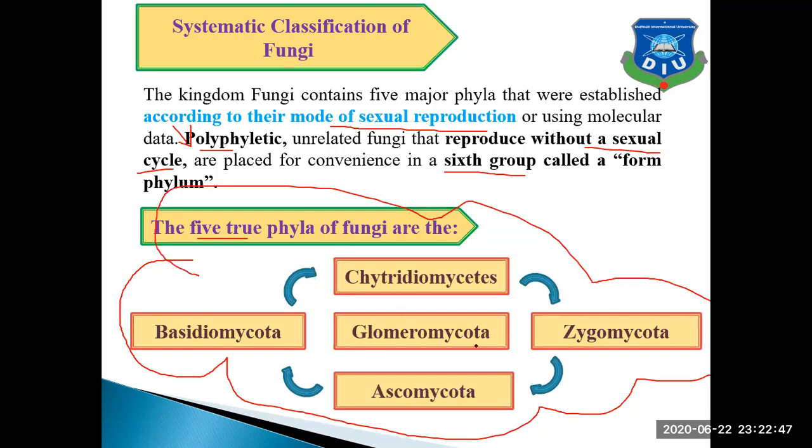Okay, but today we will read about these five phyla because they are the most common in fungus. So what are the phyla? First of all, Chytridiomycetes, then Zygomycetes, Basidiomycota, Ascomycota, and Glomeromycota.